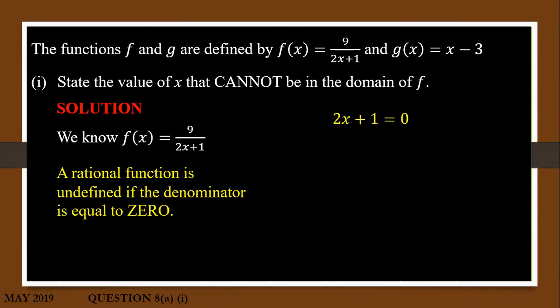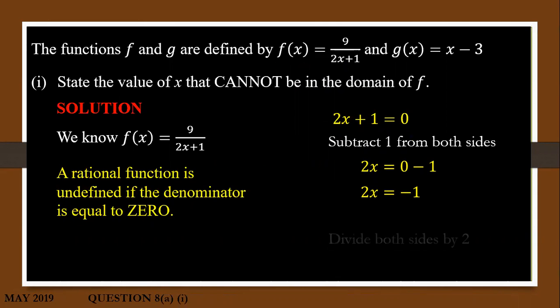Now we will have 2x + 1 = 0. To make x the subject, we are going to subtract 1 from both sides of the equation, which gives me 2x = -1.